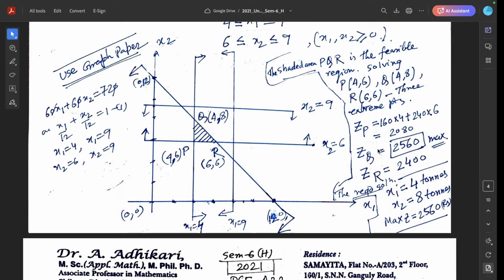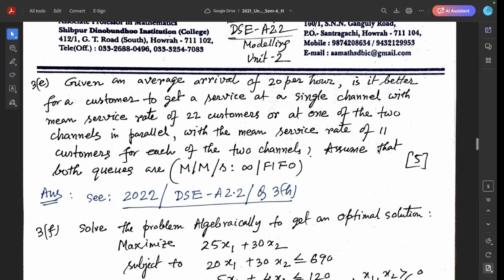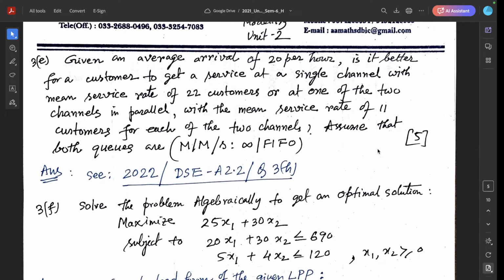This is the answer. Next question: given an average arrival of 20 per hour, is it better for a customer to get service at a single channel with a mean service rate of 22 customers, or at one of two channels in parallel with a mean service rate of 11 customers for each of the two channels?